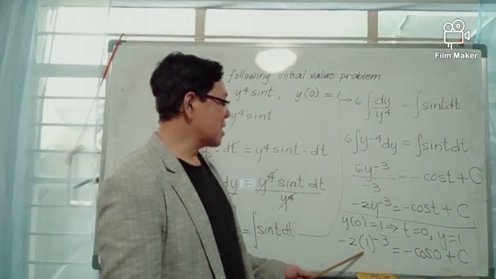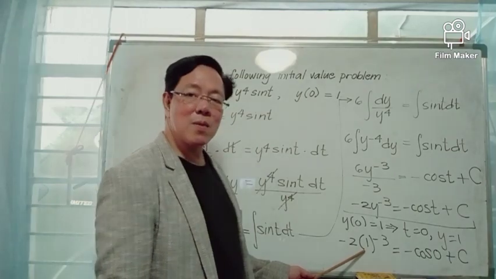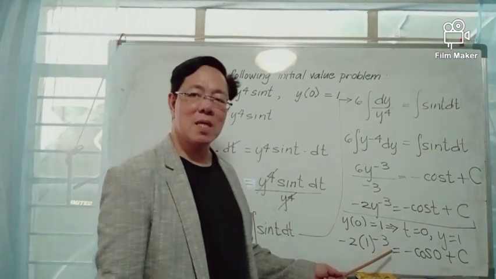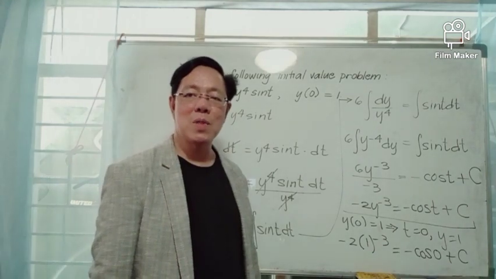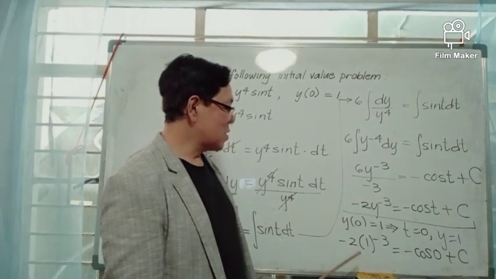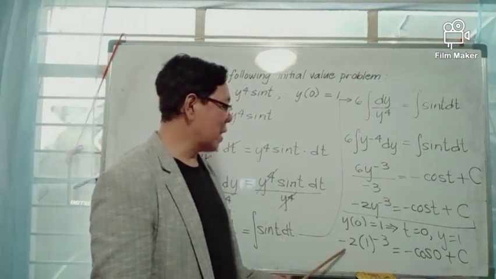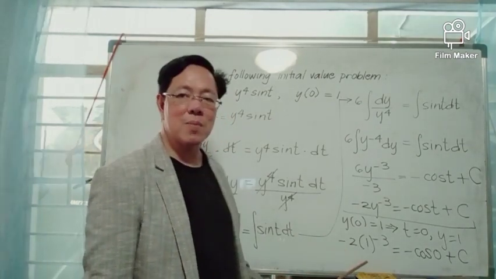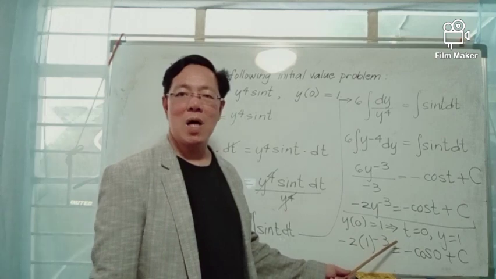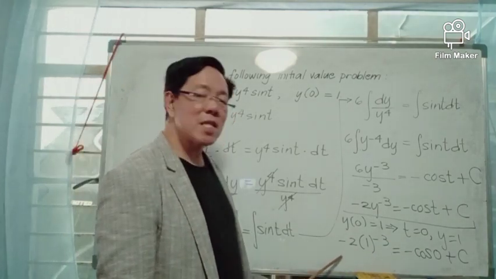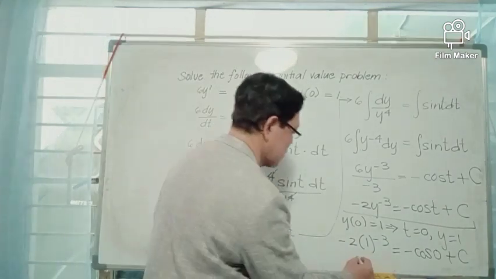We have positive 1 to the power negative 3. That's the same as 1 over 1 to the power 3, which gives us 1. Multiplied by negative 2 is negative 2.